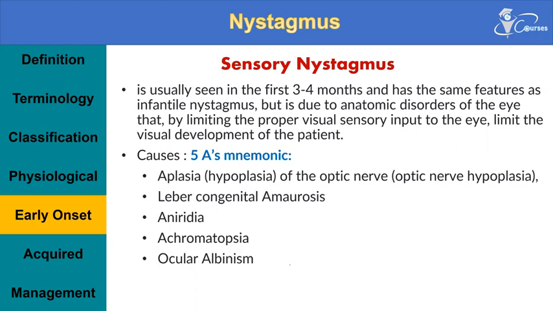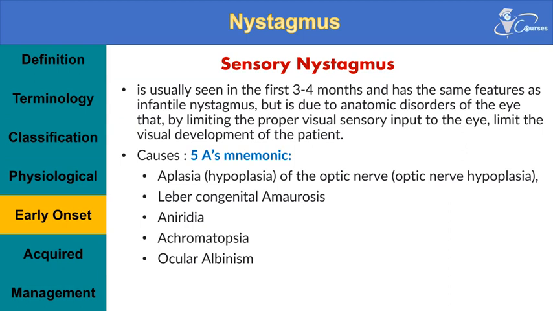Let's say that in the first three or four months the patient has any kind of sensory deprivation, any kind of blocking to the sensory stimuli, it will lead to sensory nystagmus. It will appear in early life like the infantile nystagmus, in 3 to 4 months, but it is due to anatomical disorders of the eye, a pathology, a problem, not idiopathic like the infantile nystagmus.